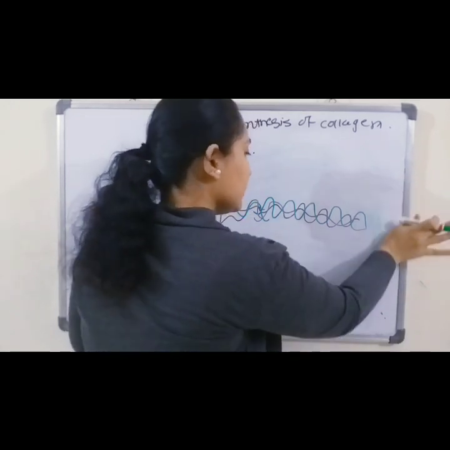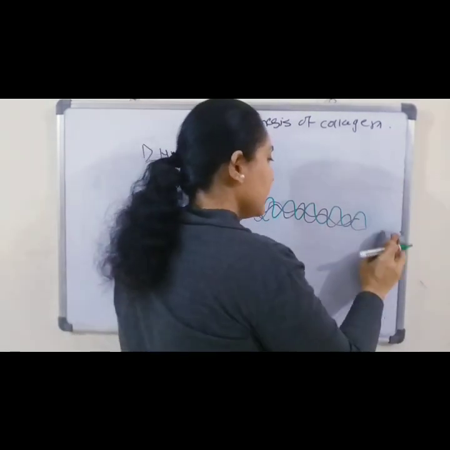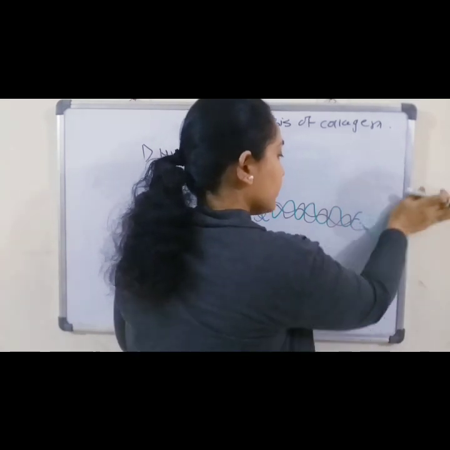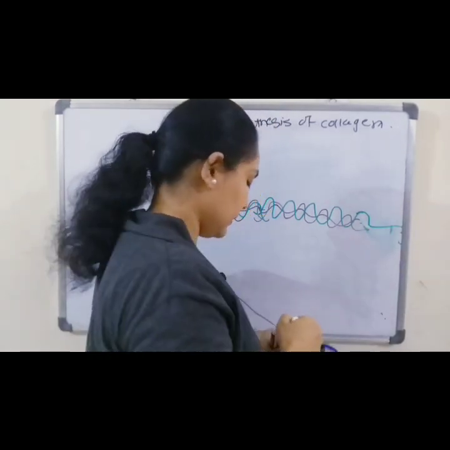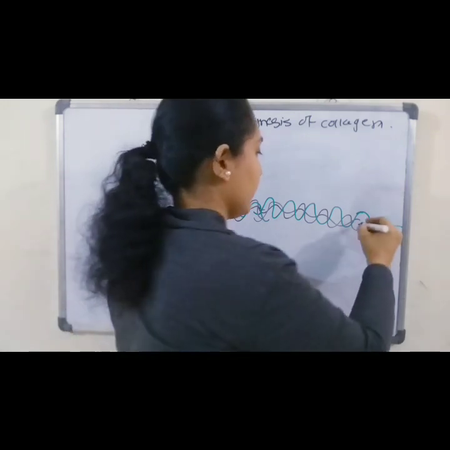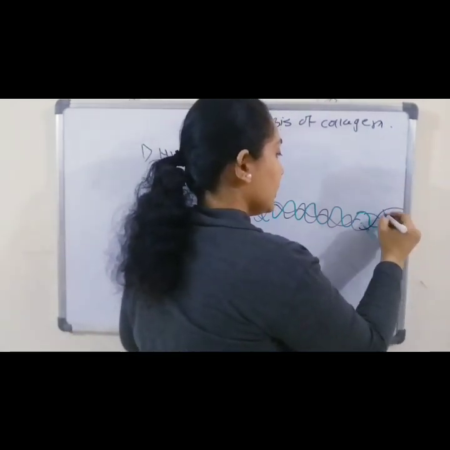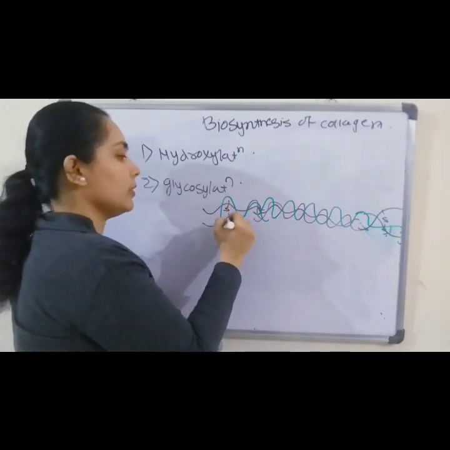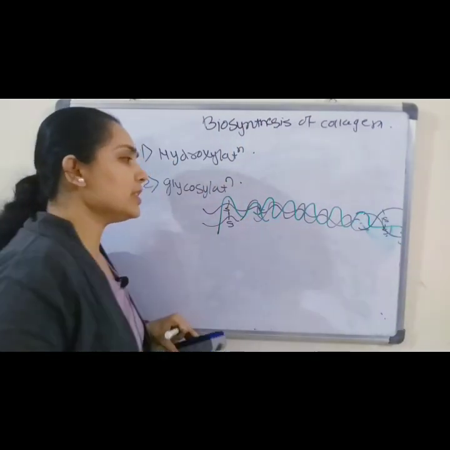Sorry, these are not helical at the N terminal; this is just like loose ends, where the sulfide bridges are present. These are held together by the sulfide bridges.